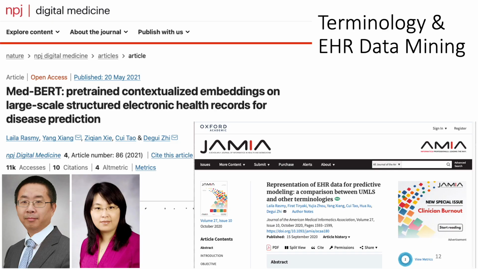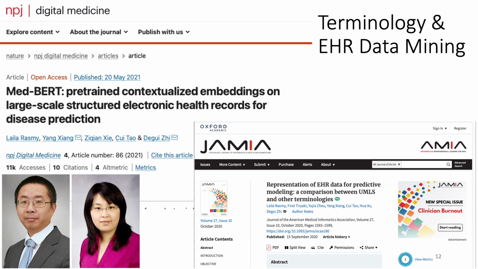Here are a few examples of our participating faculty's work. For example, Dr. Zi and Dr. Tao worked together and developed some very significant methods using terminologies for EHR data mining, including a paper published in Nature Digital Medicine.